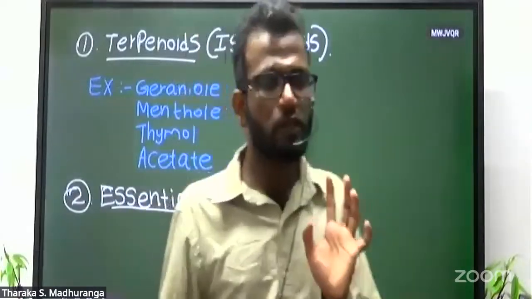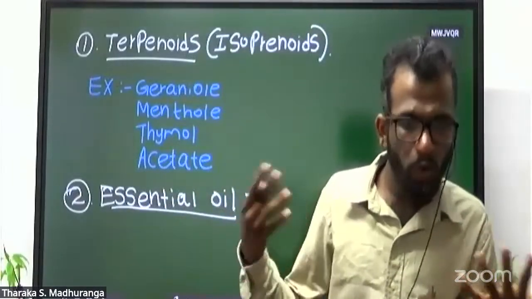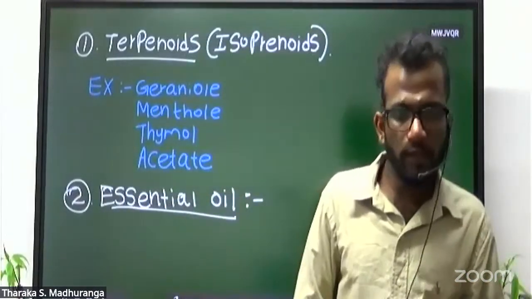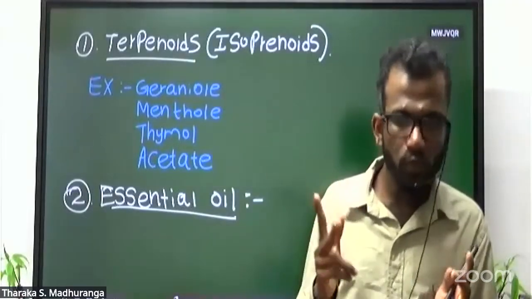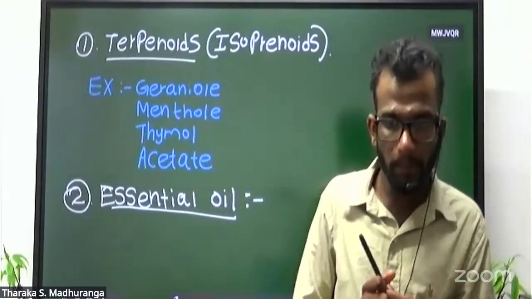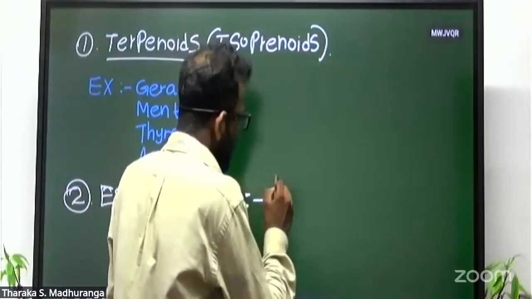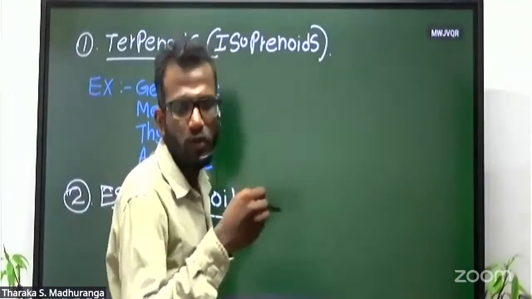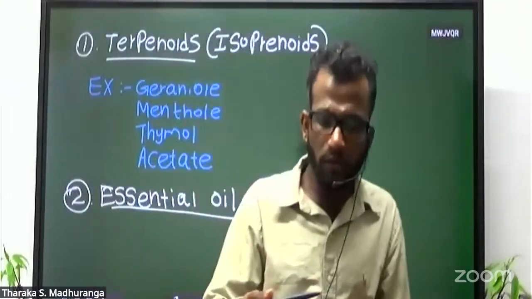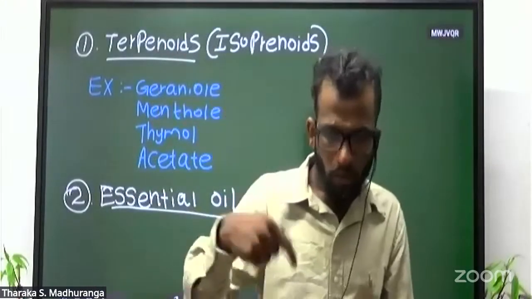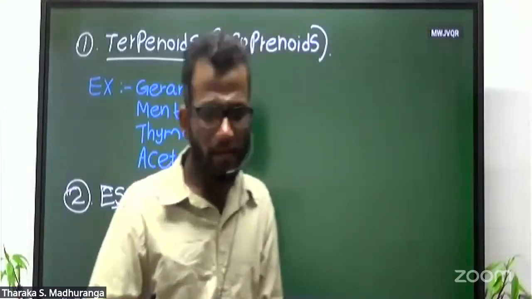The essential oil means normally plant oil. This plant oil has two main characteristics that are very important. The essential oils do not dissolve in water. That's a common factor of oils, no? Not dissolved in water means non-polar.